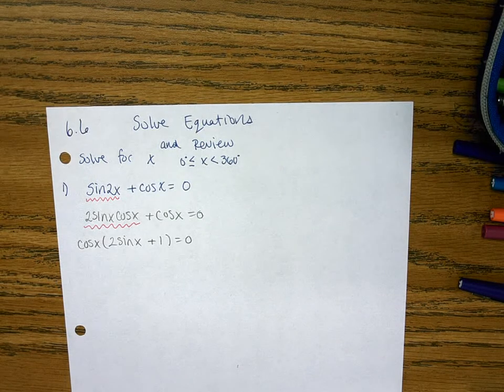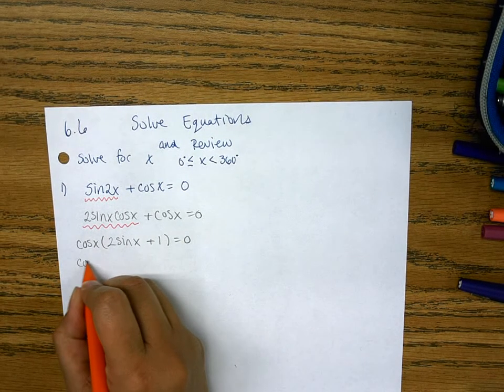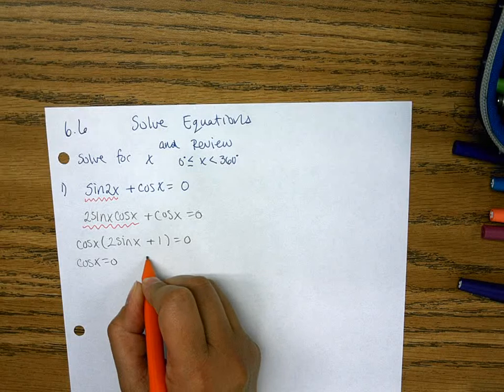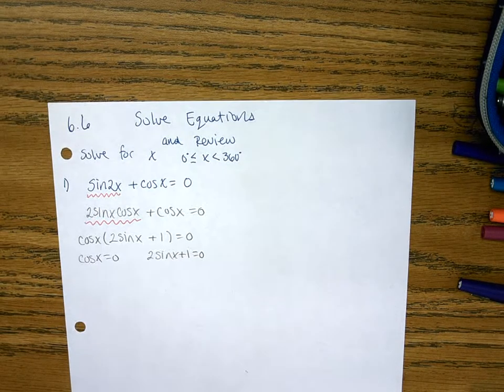Okay, so taking a look at that, what can we do? Zero product property allows me to do cosine of x equals 0 and 2 sine x plus 1 equals 0.